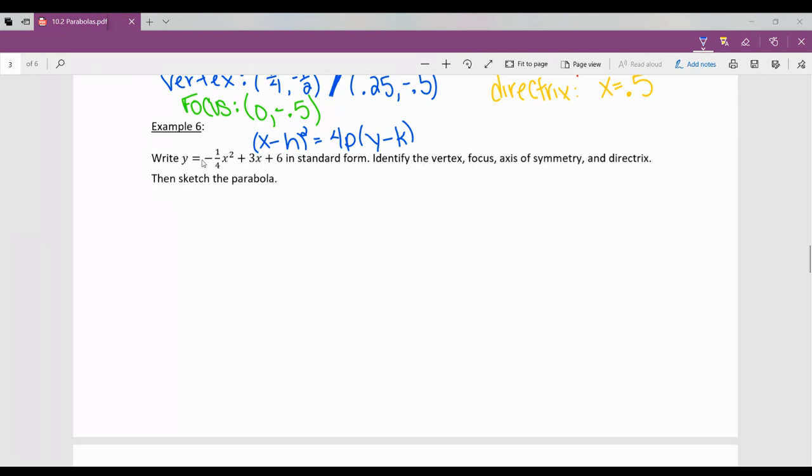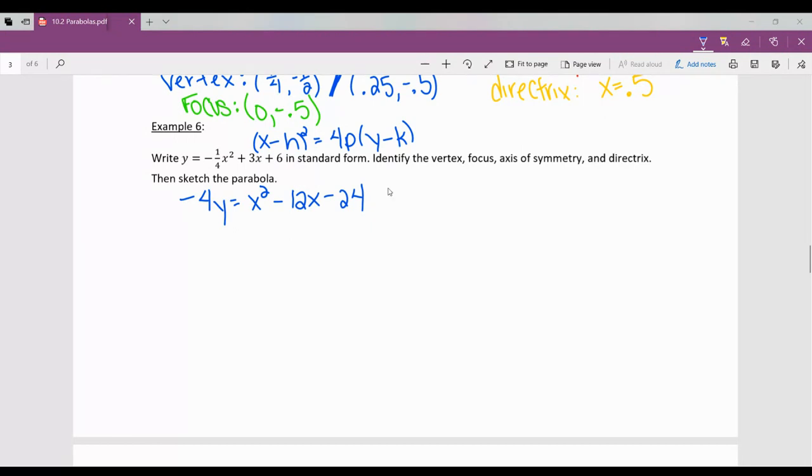So me personally, I don't really want to deal with a fraction and having that negative with the x squared. So what I'm going to do is I'm going to just multiply every single thing by -4. So that way I get -4y equals x squared minus 12x minus 24. Okay, so that becomes a little bit easier in the process.